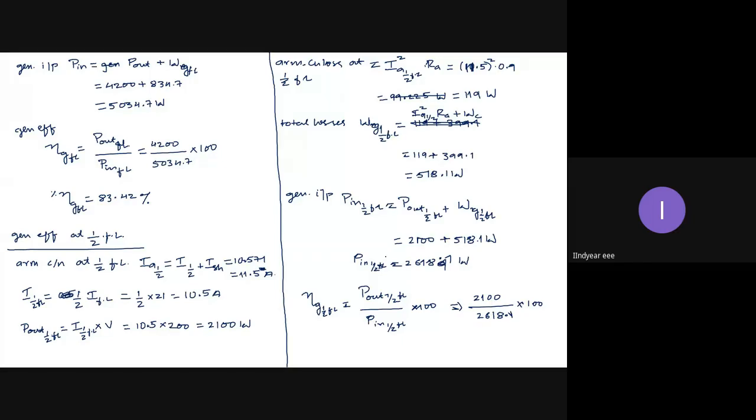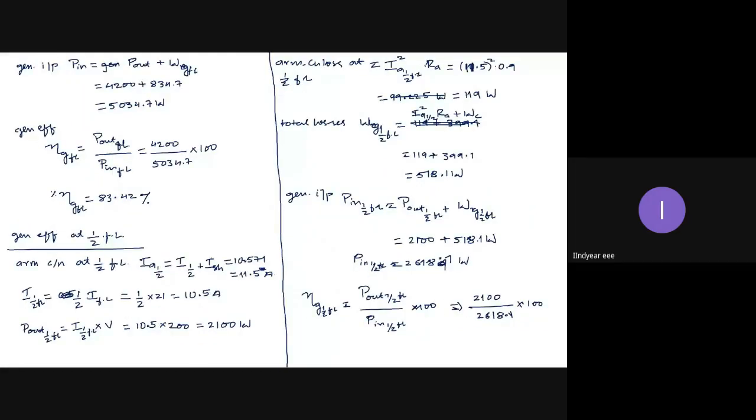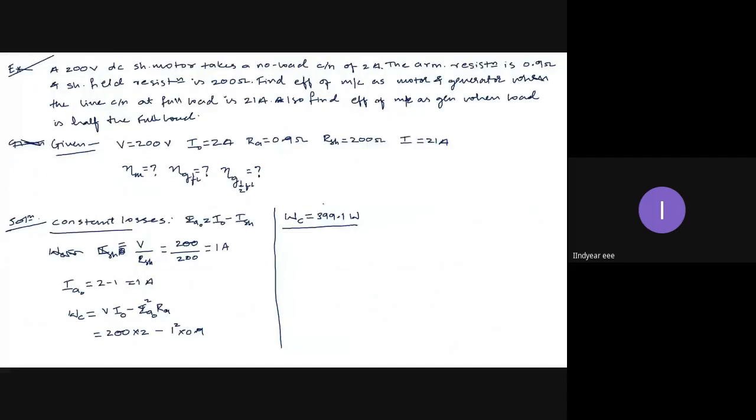Observe here, the constant losses are 399.1 watts, as we calculated, right? Constant losses are 399.1 watts, or you take 399 watts. If I apply an input of 500 watts, out of 500, 399 watts is constant loss.